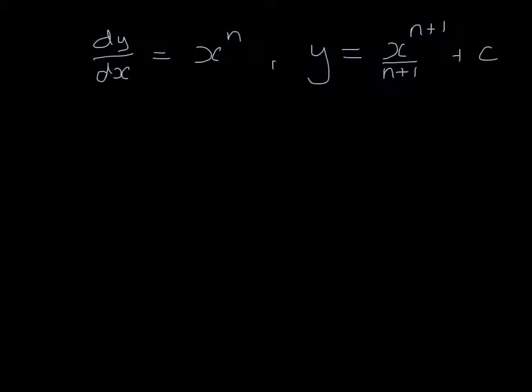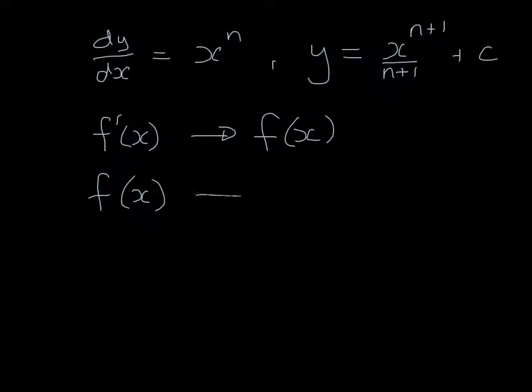So I'm going to teach you some of the different ways that this could be written. We could also use the derivative as being f dashed x, and the function would go to just the function of x. We could also say that if we had the function of x and then the antiderivative, we'd use capital F, like so.